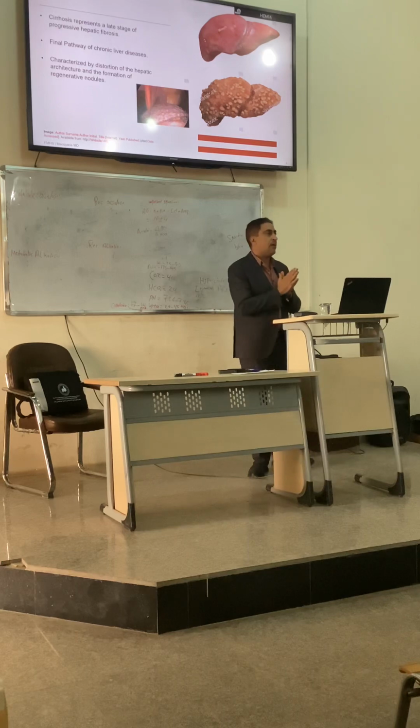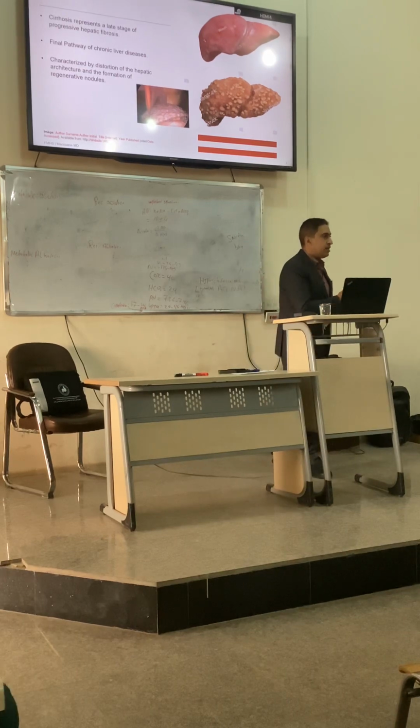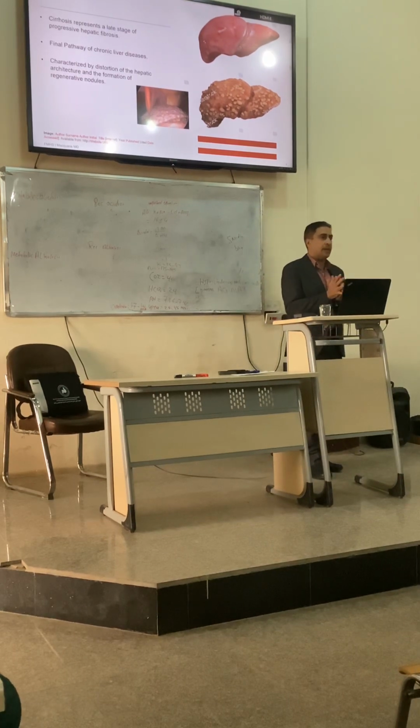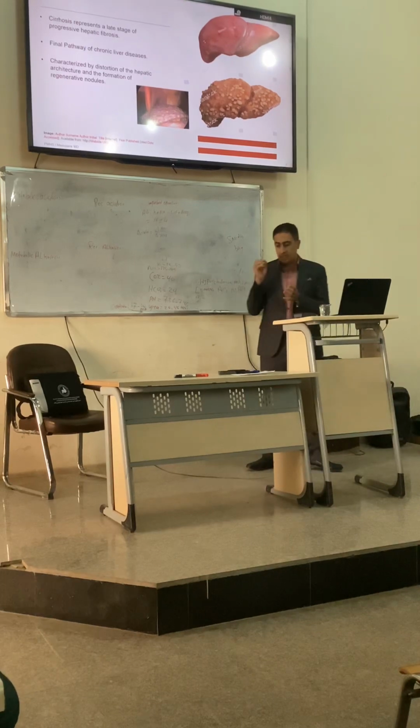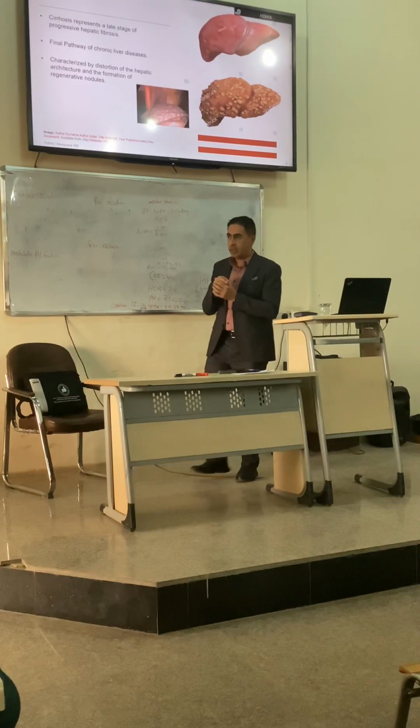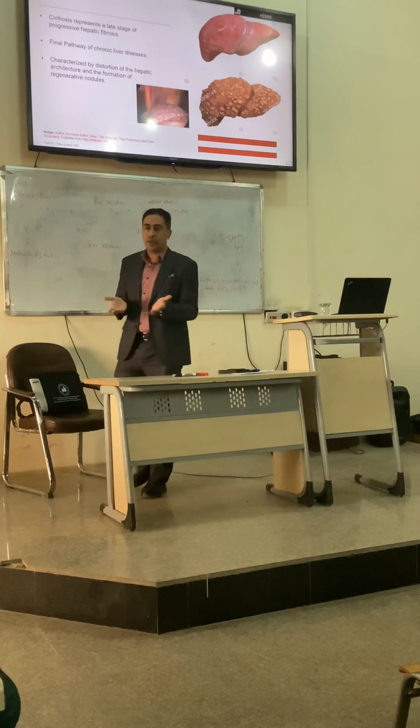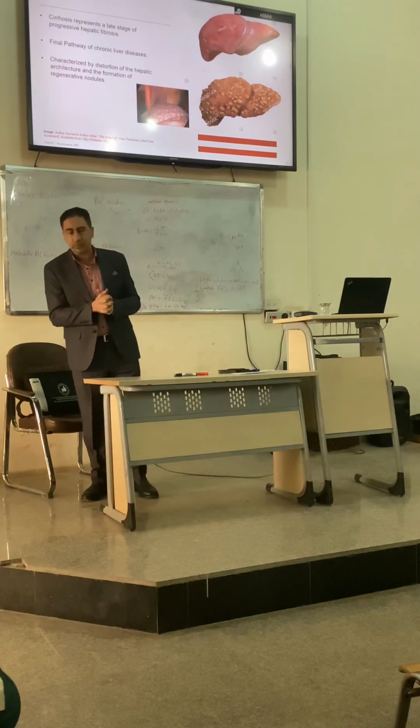As you know, we have acute inflammation, acute hepatitis, and we have chronic hepatitis. When there is an insult to the liver, it starts with acute inflammation. Then, if this insult continues for a while, it will heal by fibrosis.